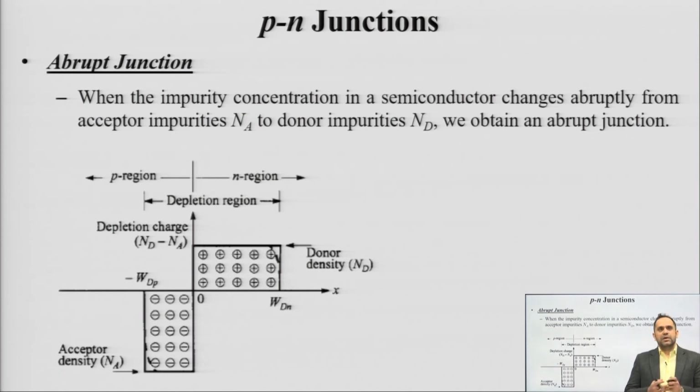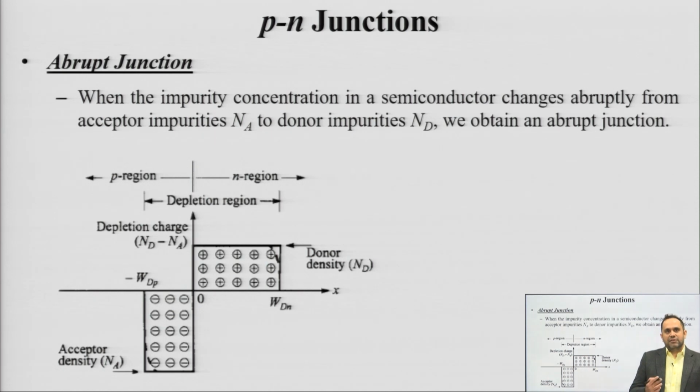When we say abrupt junction, whenever we are talking about a junction, it means that it is going to have two different types of materials on either side. One side is a p type semiconductor which has majority holes, minority electrons, and a lot of negative acceptor ions. The other side is an n type semiconductor which has majority electrons, minority holes, and a lot of positive donor ions.